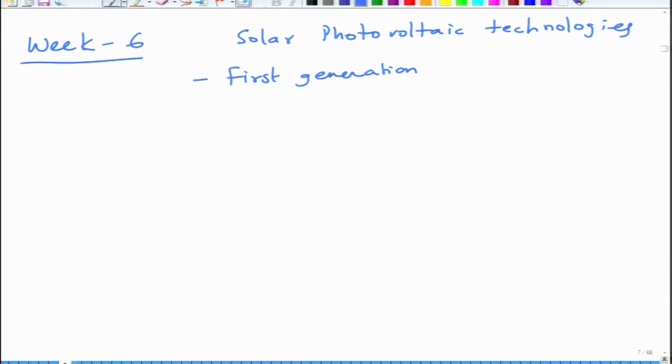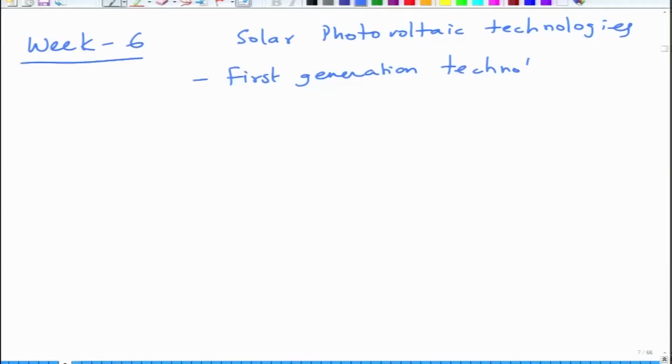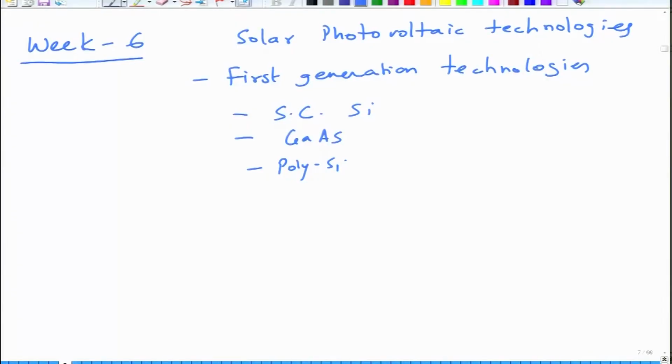The first one is first generation technology, which is primarily based on single crystal silicon, polysilicon as well as gallium arsenide. And we'll talk about technologies in general. We'll talk about what the current numbers are, what current issues are, what kind of materials are used, how materials are fabricated. Those issues we'll talk about in this week.